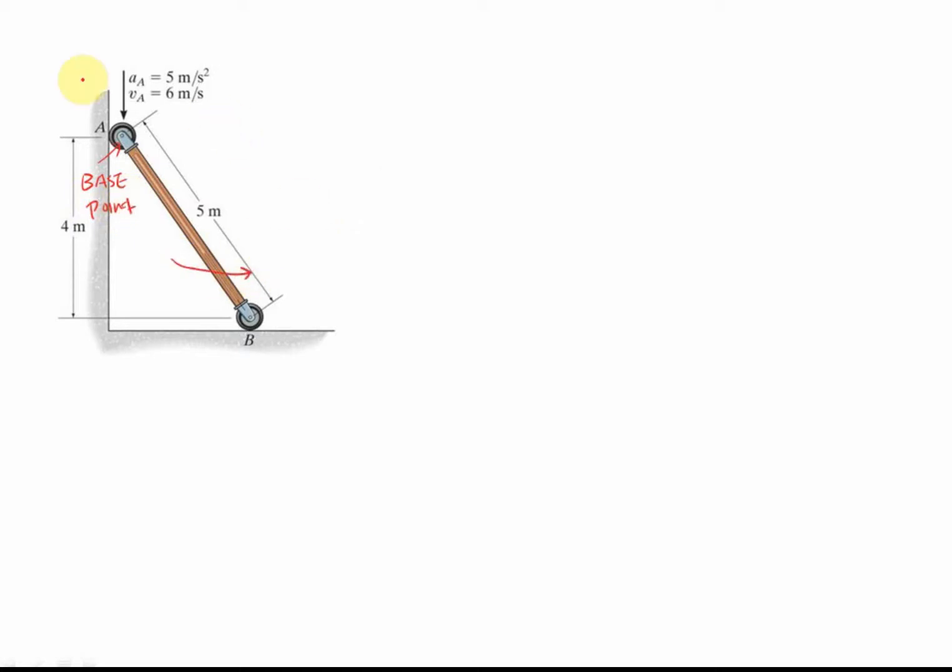I want to interpret the motion like this: later in time, this one is just moving this way, just sliding down.